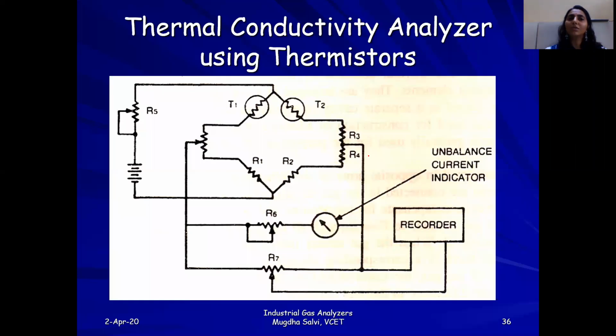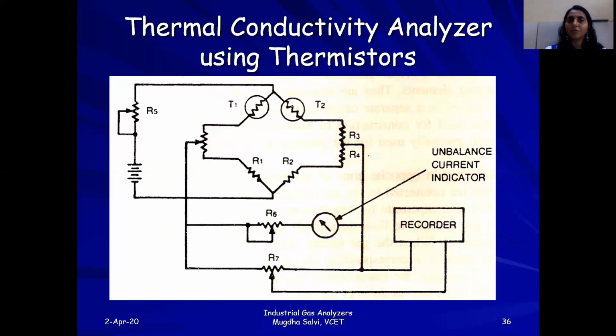So if we use a thermistor instead of the heated filament in thermal conductivity analyzers, then we can use them for highly sensitive devices, and automatically the sensitivity of the device will increase. Instead of the R1 and S1 which were there in the previous diagram, we are replacing them by two thermistors, a reference and a sample.